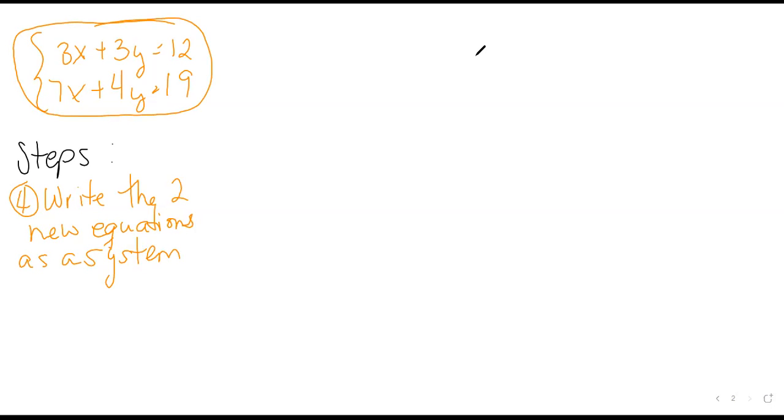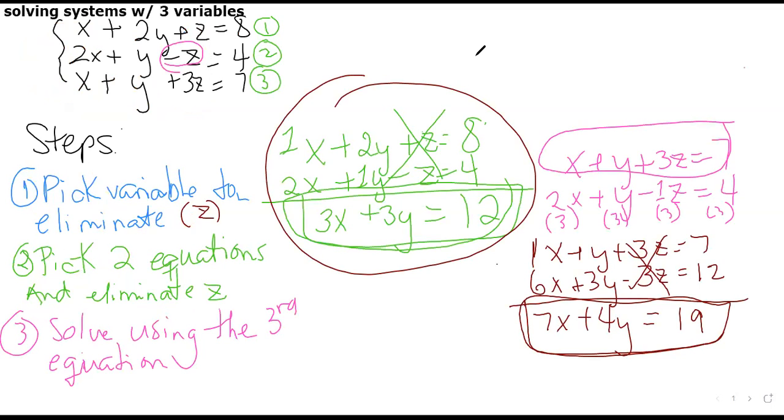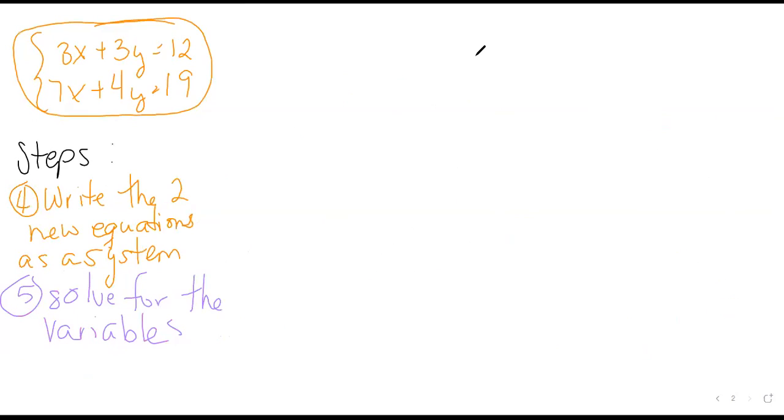Step 5, can you guys see? Yeah, that looks fine. Is solve for the variables. So now once again, I'm going to repeat the same steps that I did over here. I'm going to pick a variable to eliminate. Now I don't have to pick 2 equations, I only have 2 equations. So I'm just going to look to see what I'm going to eliminate.